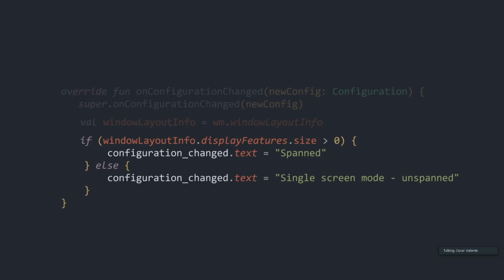So in the case that Window Manager says, hey, your app is running and the window layout info has changed, it's because our app is running on a device with foldable or hinge capabilities. Then we can realize that our app is spanned, so it's running across both displays, or it's running in single screen mode.